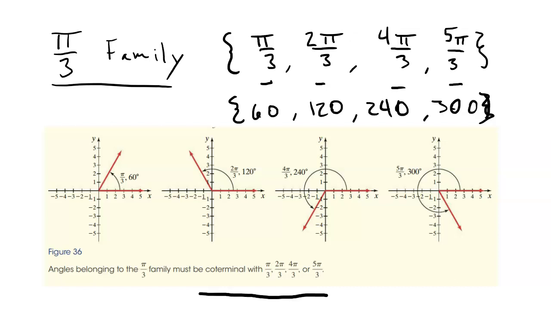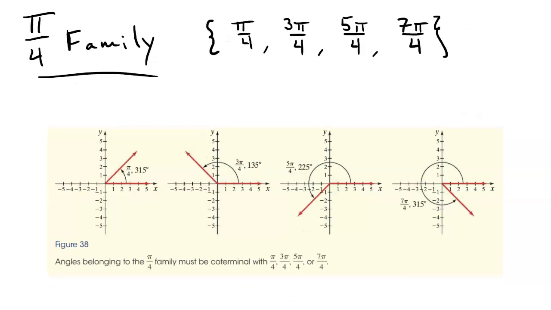And something that we'll go over when we talk about the examples is an easy way to tell if some integer times pi over 3 is coterminal with it is whether or not that integer is divisible by 3. But again, I'll talk more about that when we talk about examples at the end of this. But for now, let's talk about the next family.